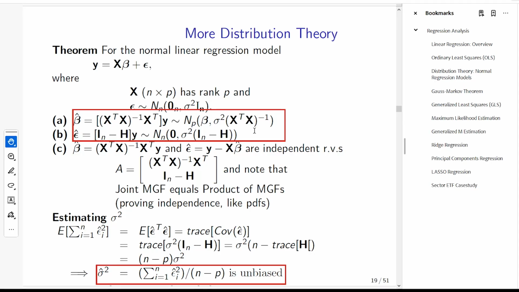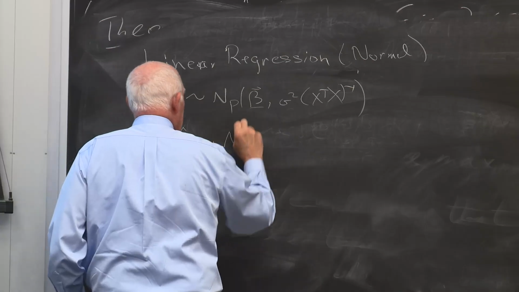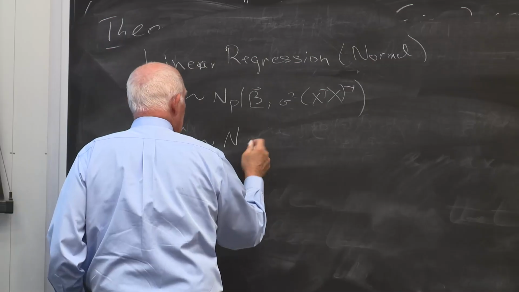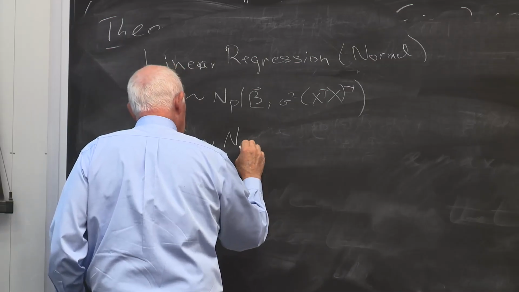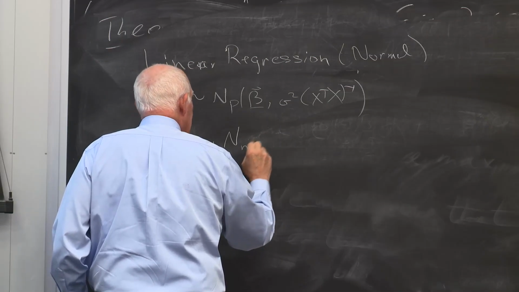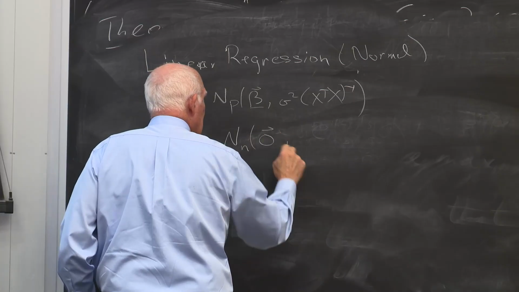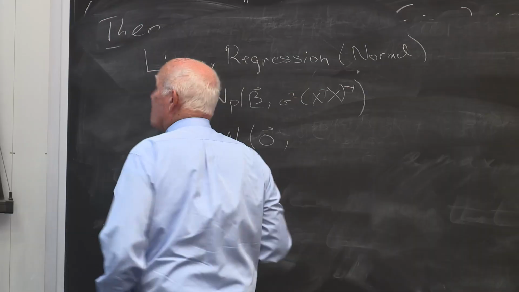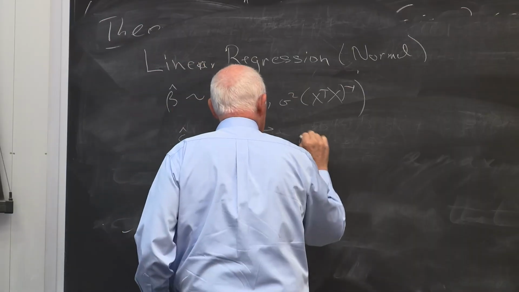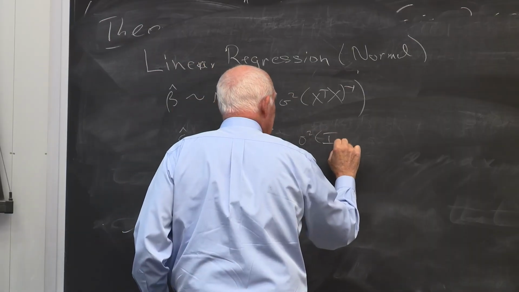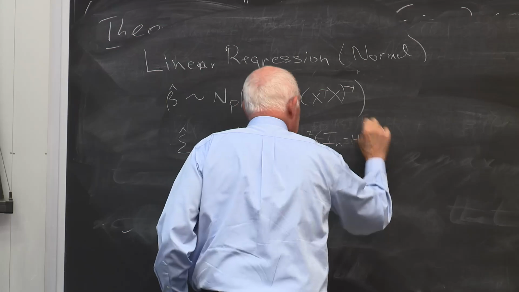And we also have that epsilon hat is a multinormal distribution. It's actually not full rank, but it's in n dimensions with mean 0, a 0 vector, and the covariance matrix is sigma squared times the identity minus the hat matrix.